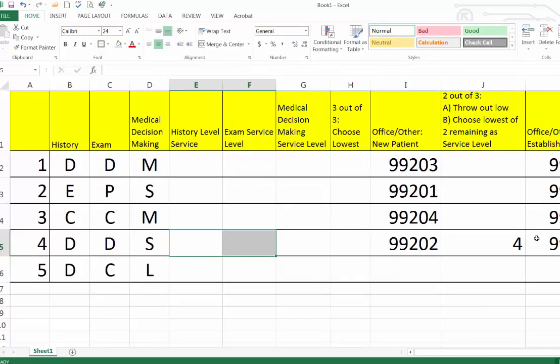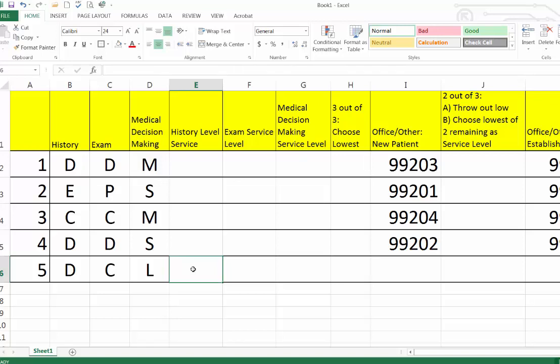Let us say we have a detailed history, a comprehensive exam, and low complexity of medical decision making. So I've got detailed history, comprehensive exam, low decision making. So DCL.